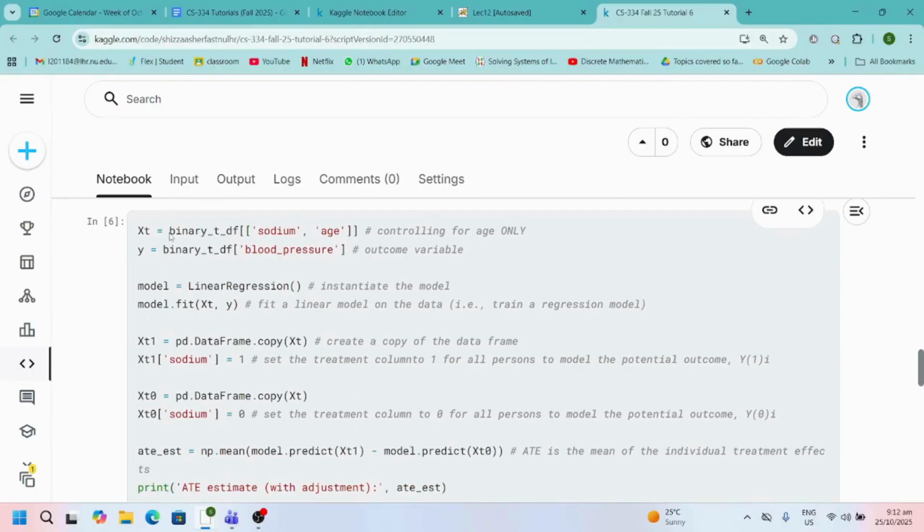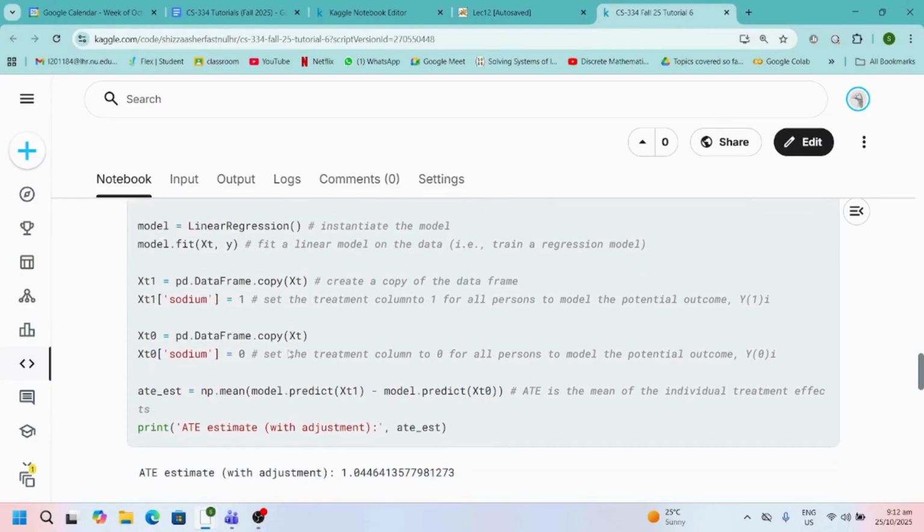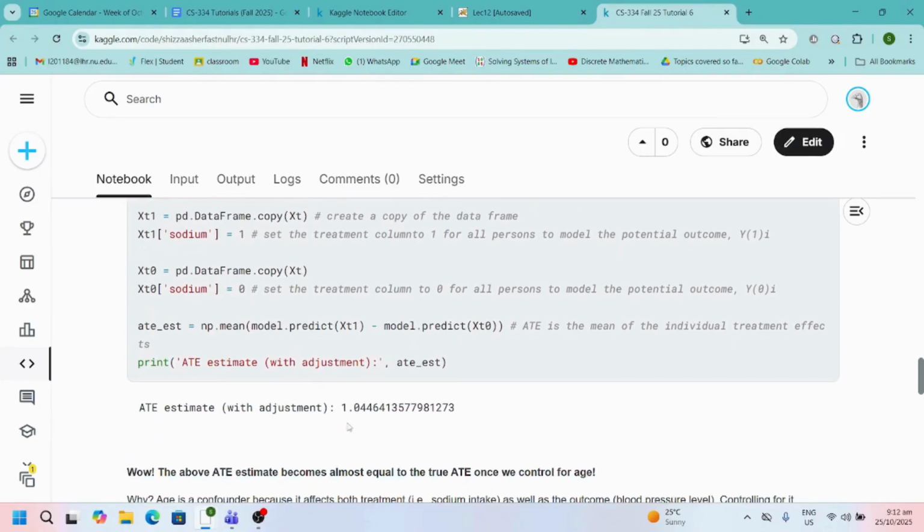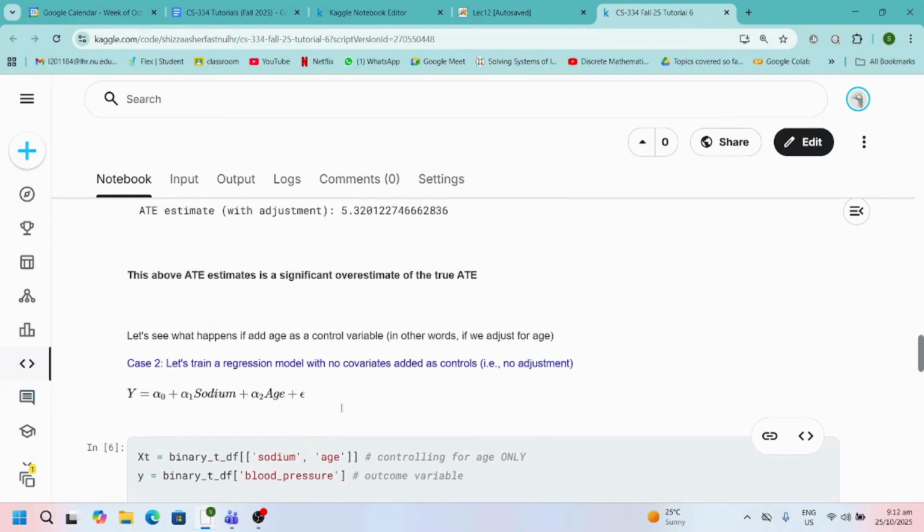So everything else remains the same except कि जहाँ पे मैंने sodium रखा था xt में वहाँ पे I'm including sodium comma age. I'm including both of them. Then I do the exact same thing and my ATE estimate comes out to be 1.045, which is fairly close to the average ATE, which means कि मुझे फायदा हुआ है एक कोवेरिएट को include करने का.